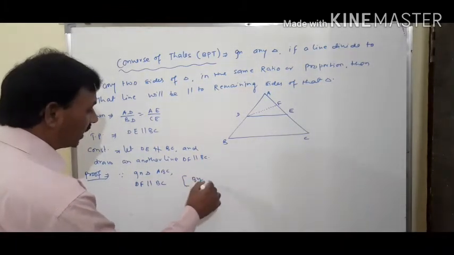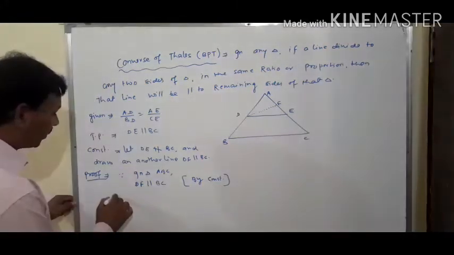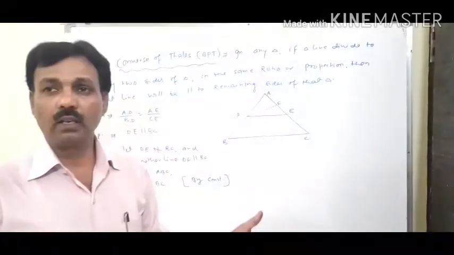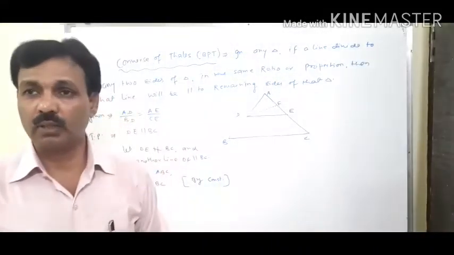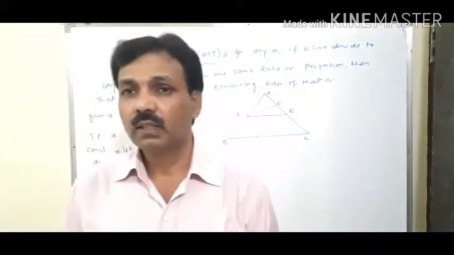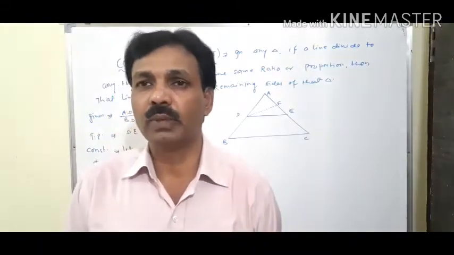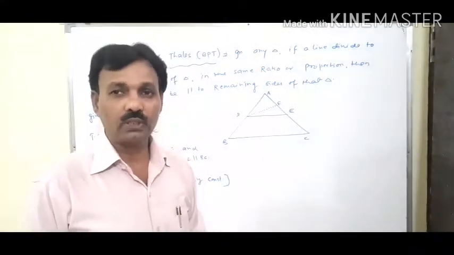As already discussed in the Thales theorem, if a line is drawn parallel to any one side of a triangle, then that line divides the remaining two sides in the same ratio or proportion.